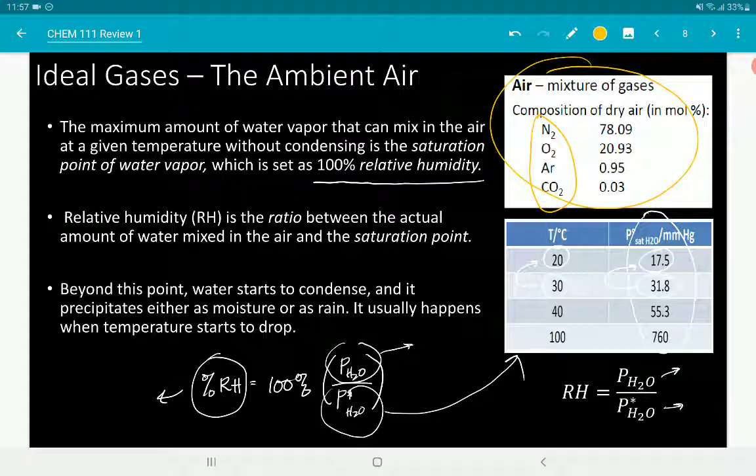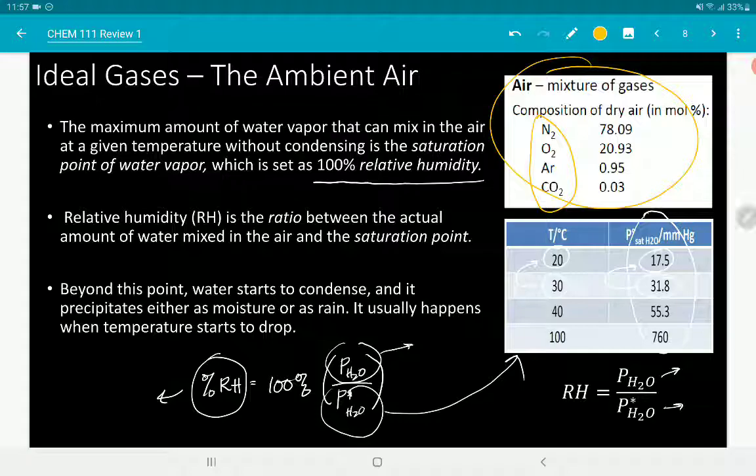Usually, some other noble gases like helium, okay, and neon. Pero, ang nagdo-dominate na gases dyan sa dry air ay yung nitrogen and oxygen. So, usually, sa mga problems na encounter nyo, nitrogen and oxygen lang yung binibigay na components ng air. Kasi usually, hindi na masyadong significant yung composition ng ibang gases.